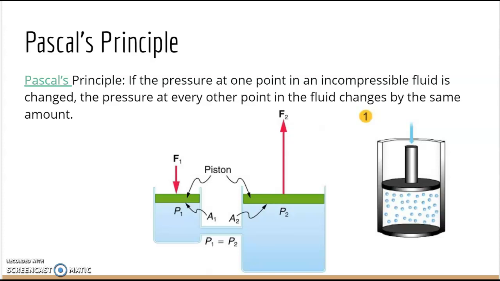Since the force is acting on some amount of area, which on the left is depicted as smaller than the area on the right, the pressure is going to increase on the fluid below. Since that pressure is increased, assuming we're dealing with hydrostatic equilibrium, the pressure along any horizontal has to be the same.